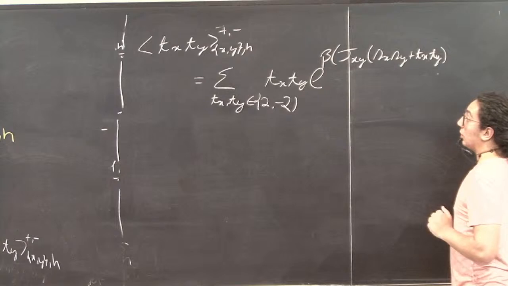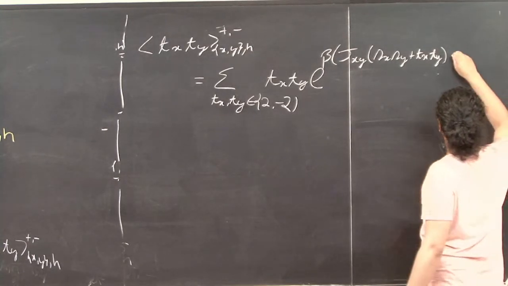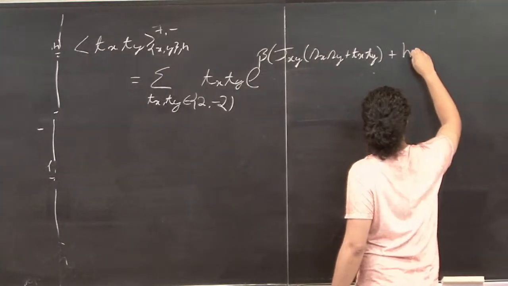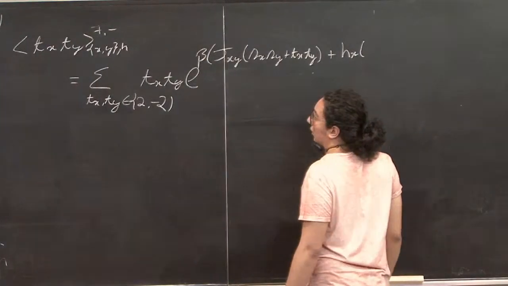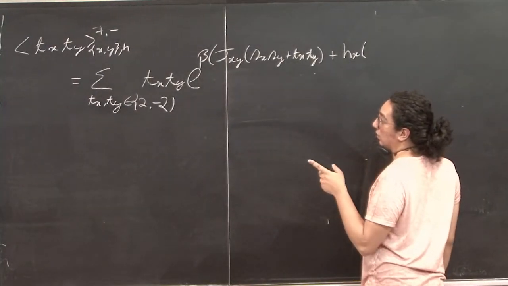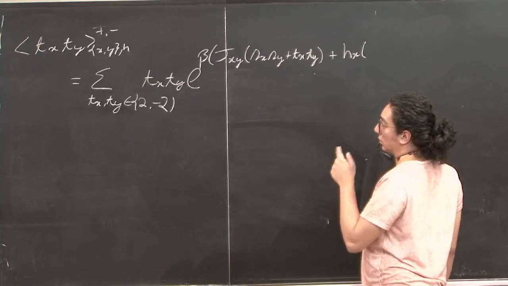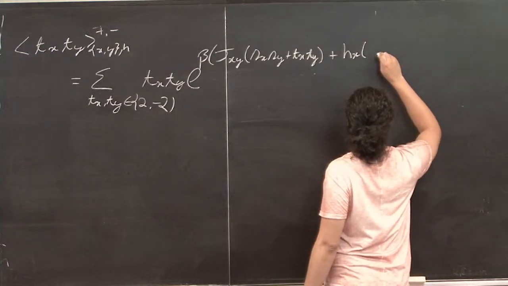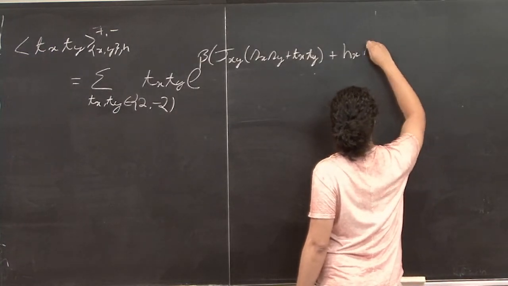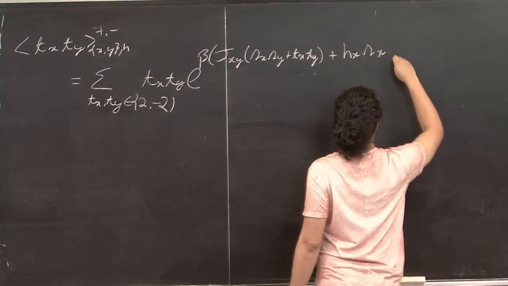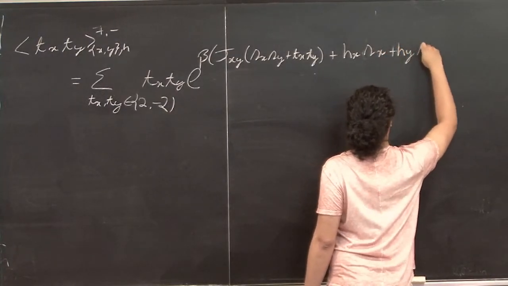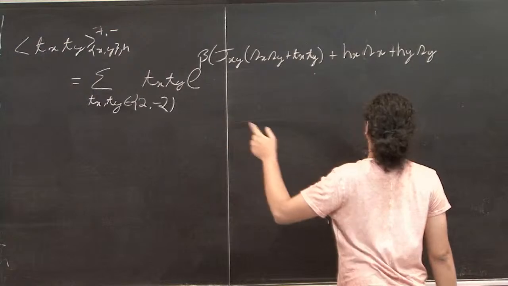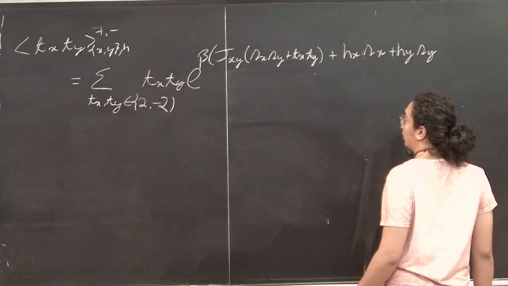I have the external field on x, h_x s_x, plus h_y s_y, and I have the boundary condition term.